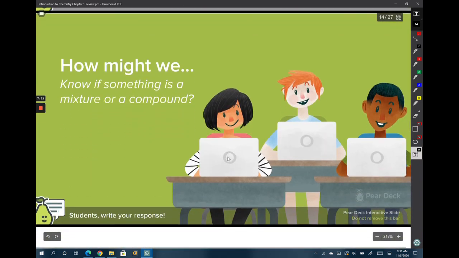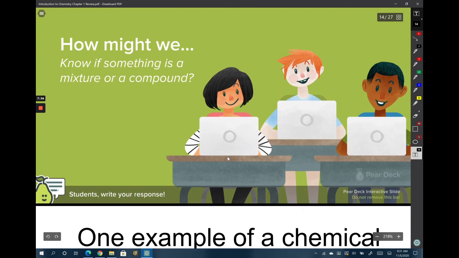How might we know if something is a mixture or a compound? The difference being, let's see if I can type all this out. The parts of a compound are chemically combined.